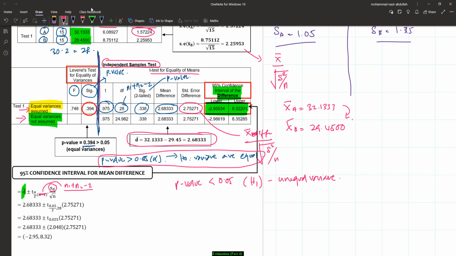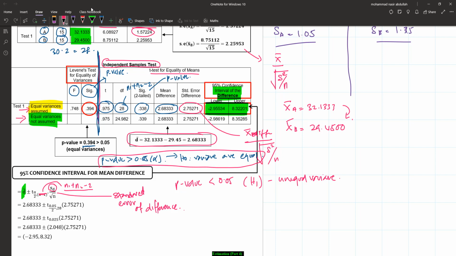So standard deviation divided by square root of n, which is the standard error of difference. So this is the standard error of difference, right?